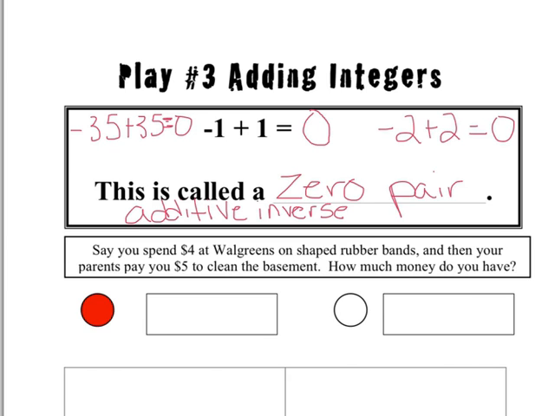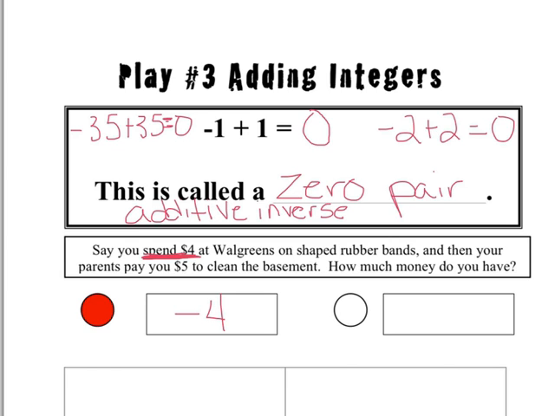Okay, so let's use a real life example here. Say you have $4 and you spend it at Walgreens on shaped rubber bands, and then your parents pay you $5 to clean the basement. How much money do you have? If we spend $4, think about spending our money. If we spend it, we lose it, right? It's gone. So that's negative. That's a -4.